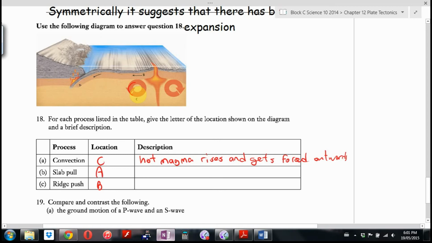Slab pull. This pulls down, so how would we say that? Descending portion of the plate pulls the rest of the plate with it.